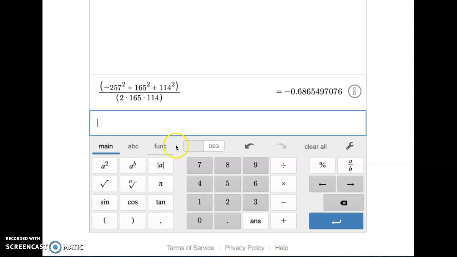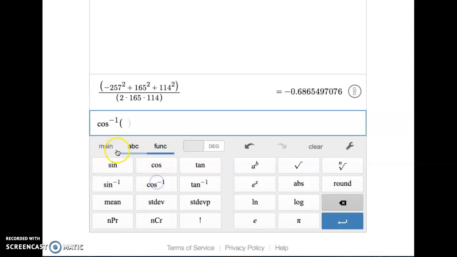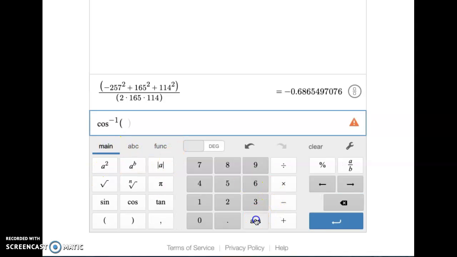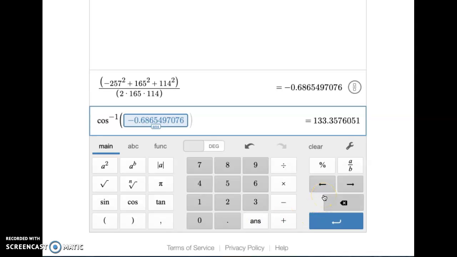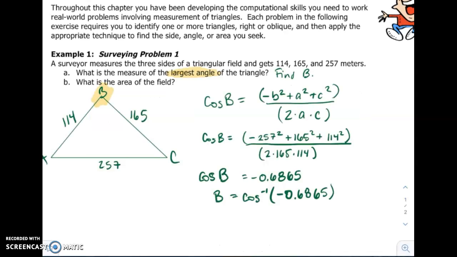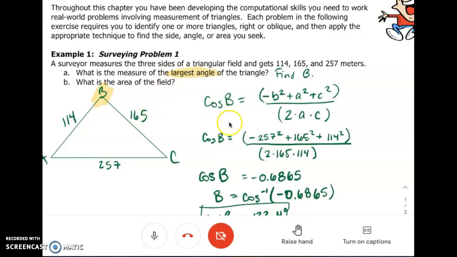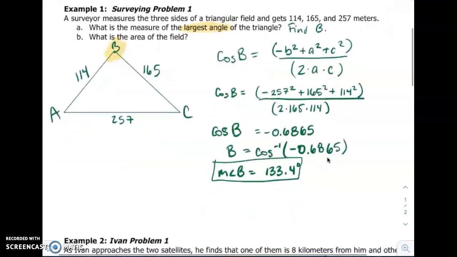And I'm going to find the inverse cosine of that answer that I just got, and I'm getting 133.4. 133.4 is my answer. We got an obtuse angle, which makes sense because we were looking for the largest angle. So that works. And now it doesn't have to be obtuse. It just happens to be obtuse.